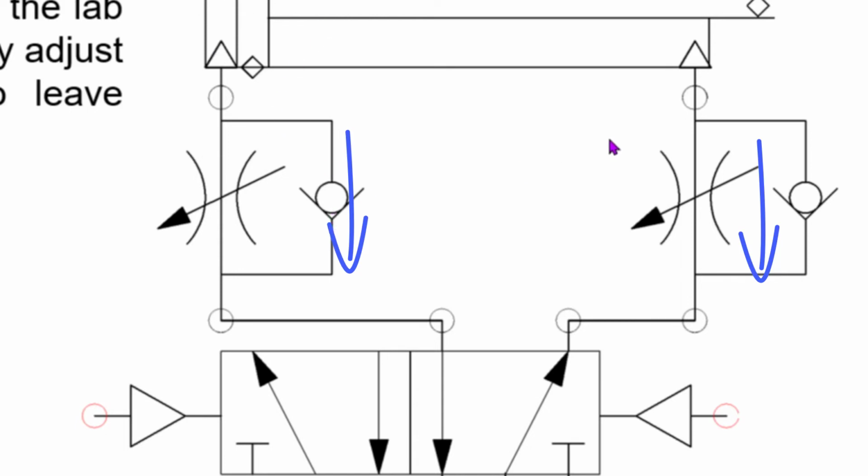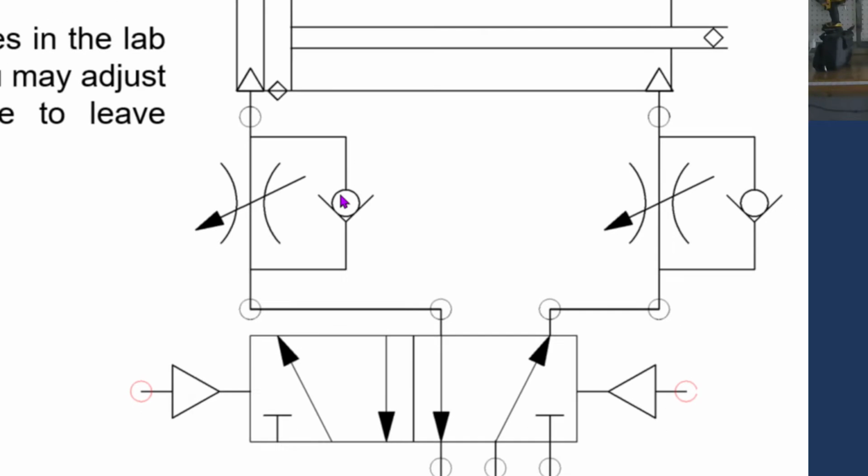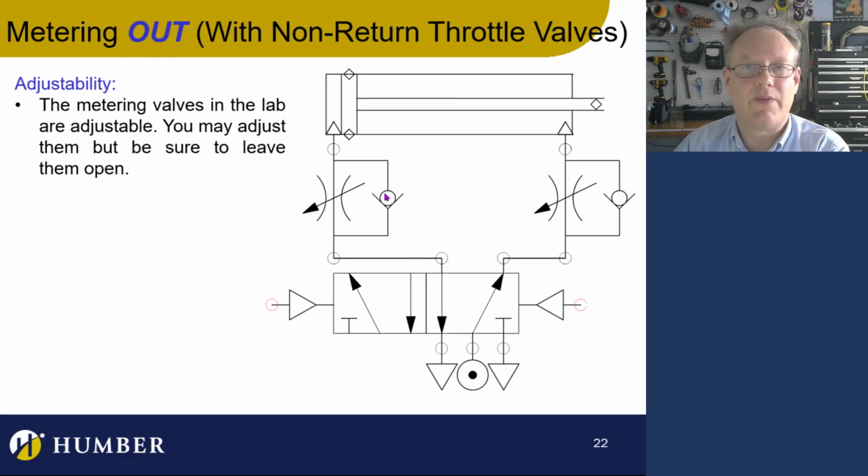So I may actually put, like on a test or a quiz, one of these upside down and ask, what's the problem with this? Watch for that. If you're wondering how to put one of these inline onto a cylinder, you have to think about it. You have to put it so that it blocks the air leaving with the check valve, and it's forced to go through the throttle valve.